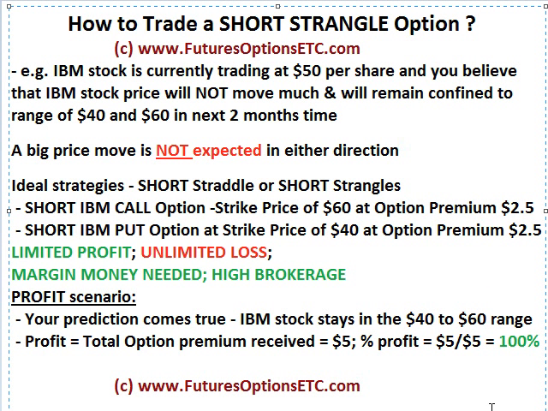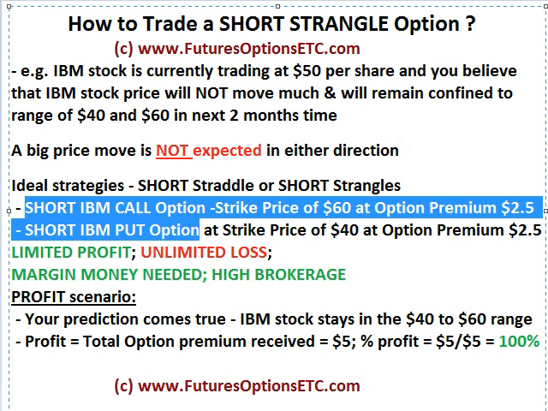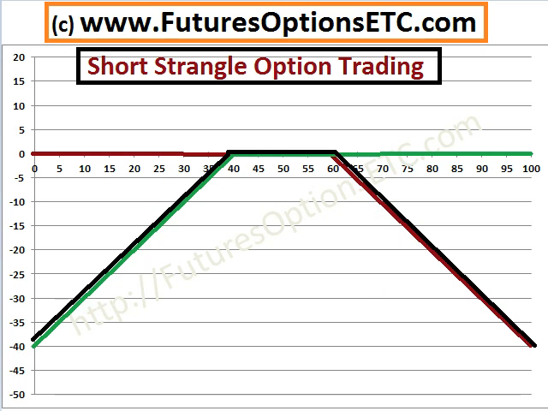However, we have received a total of $5 as option premium from the sale of these two call and put options. So let's account for them as well. When we are selling something, we are receiving the money. That's a net inflow. So that's why it is taken as positive. So when we are receiving something, we are going to shift this graph upwards in the positive direction.